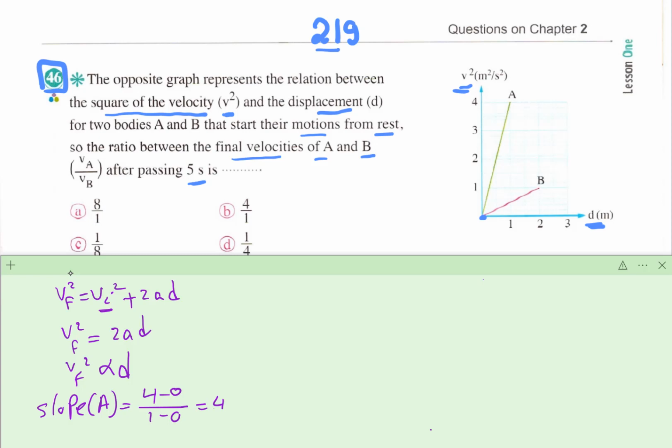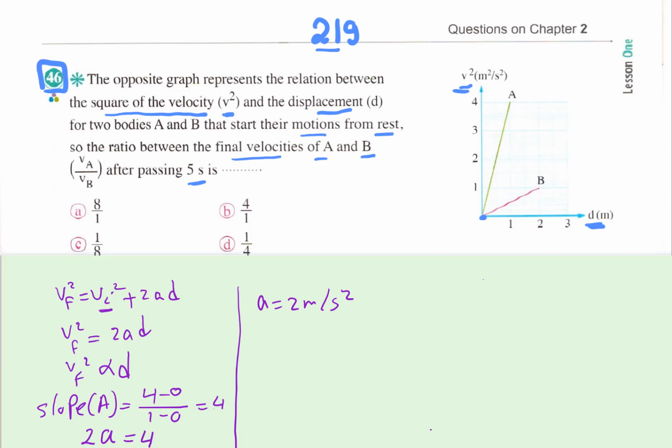What do we have? 2A, the slope, equals 4, means A equals 2 meter per second square. Okay, guys? And here you can write the unit, meter per second square, because the velocity square is meter square per second square over the distance in meter, so it gives you this unit, the unit of acceleration.